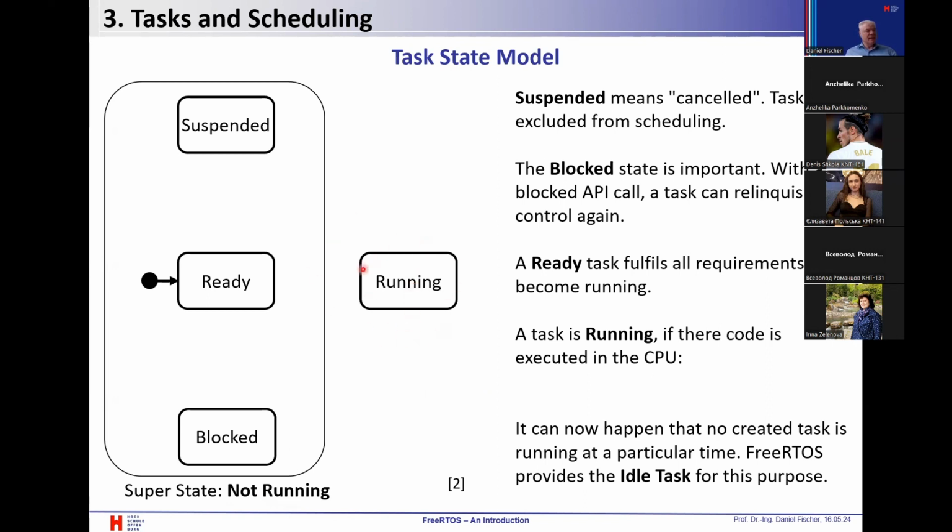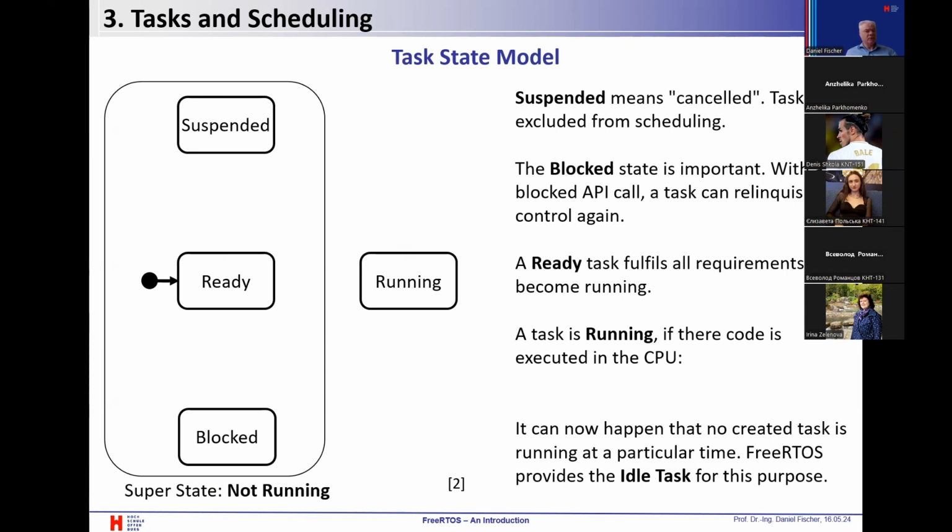Running means the task is executed by the processor, the code of the task is executed. The other situation is that the task is not running. And this is a super state, which means inside it you have three substates: suspended, ready, or blocked.